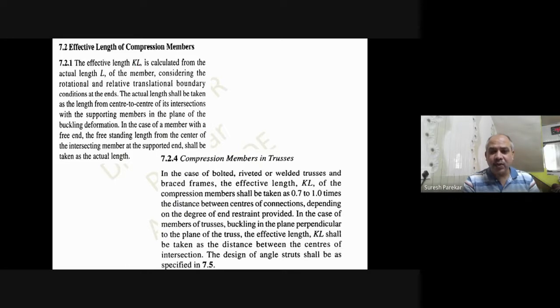Now when we use these compression members in trusses, we consider this value of K between 0.7 to 1, depending upon the fixity of the connection. You can see, if we have buckling in the plane perpendicular to the plane of the truss, meaning the outstanding leg, then our value of K is going to be 1. We have to consider the direct distance between the centers of the intersections.